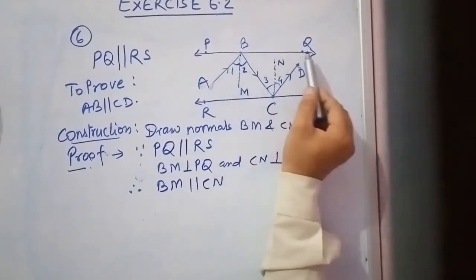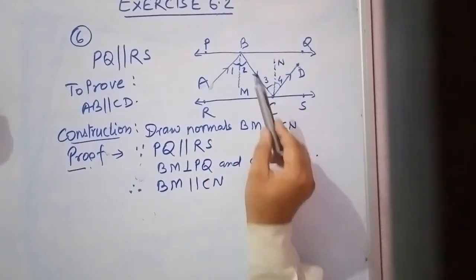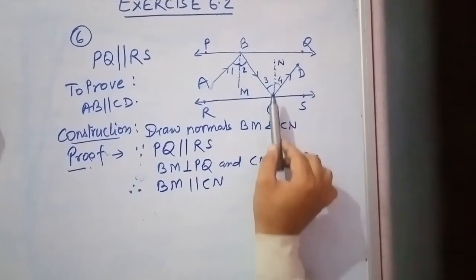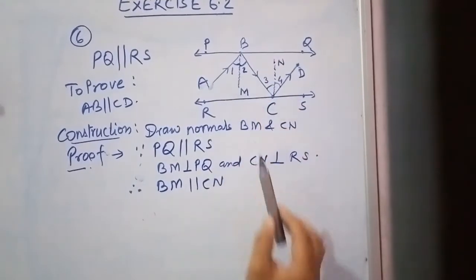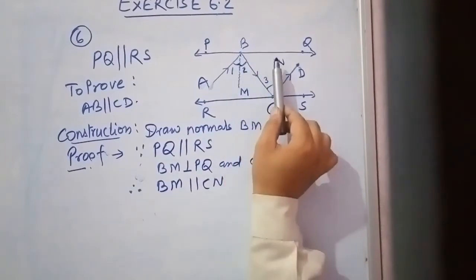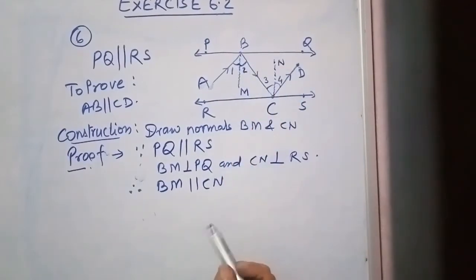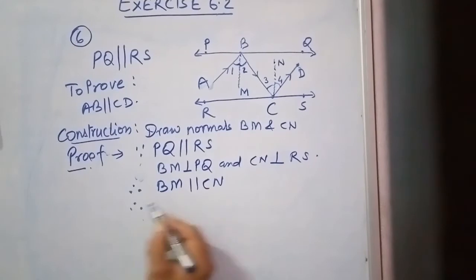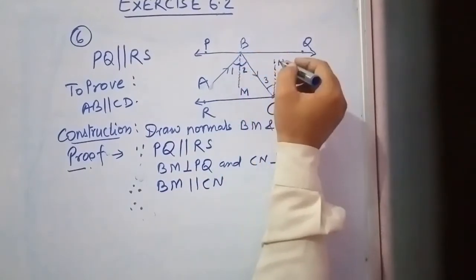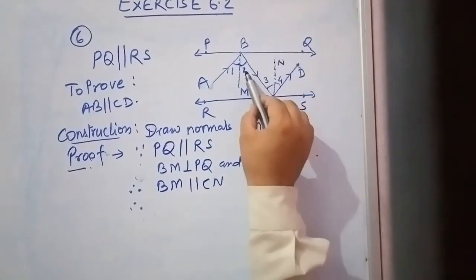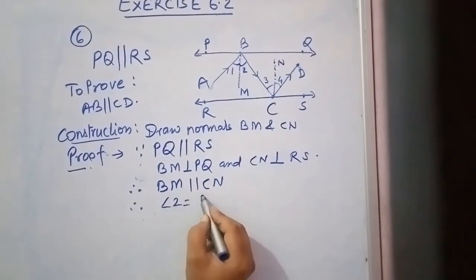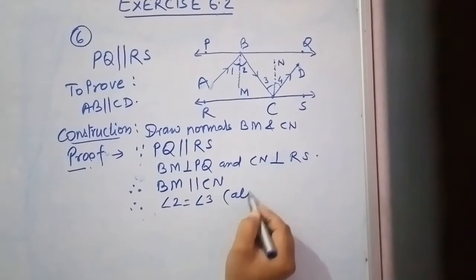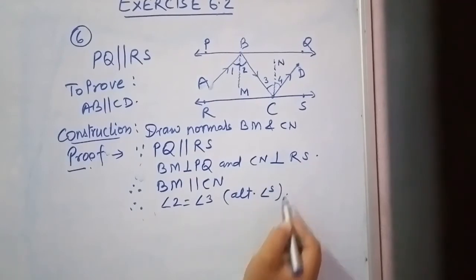Since two mirrors are parallel, perpendiculars on both parallel lines are always parallel to each other. So here BM must be parallel to CN. Therefore, since these two lines are parallel, angle 2 equals angle 3. That is alternate angles.